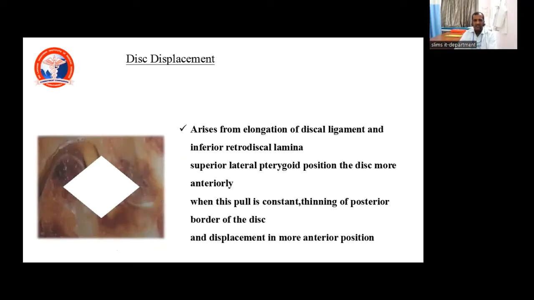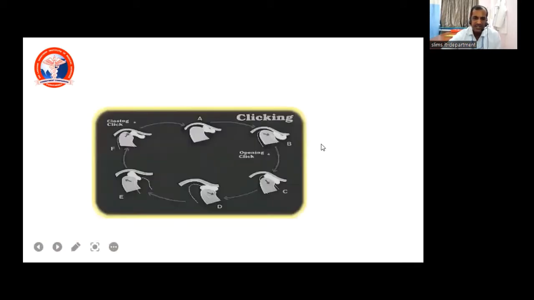This is the picture that depicts the displacement of the disc. If there is a thinning of the posterior border of the disc and the condyle slides anteriorly, this is where the clicking arises.